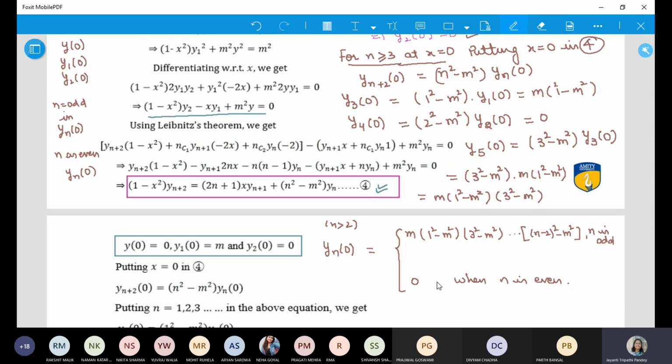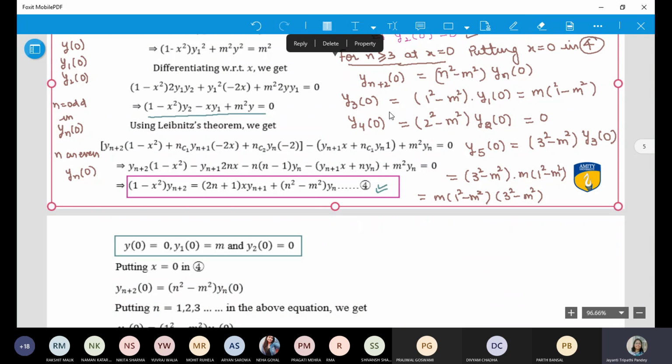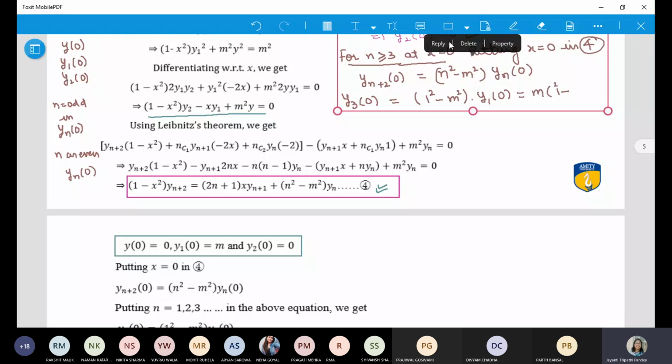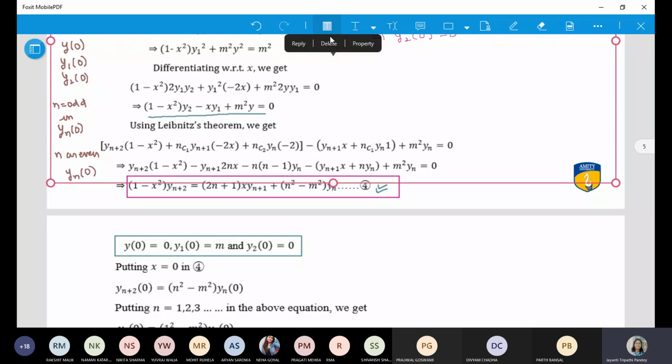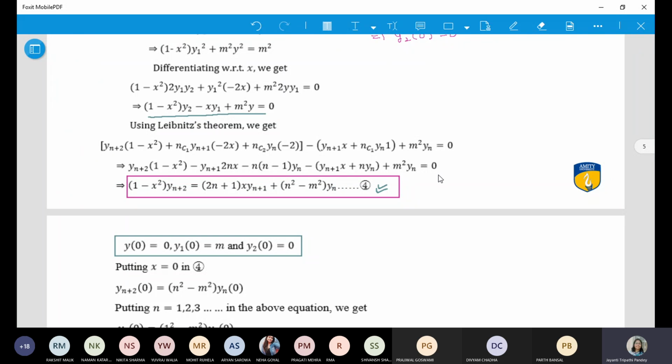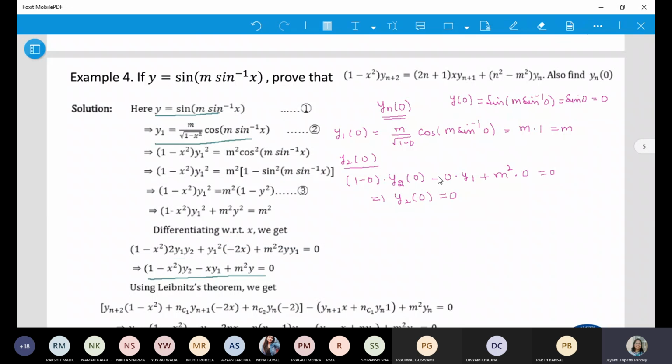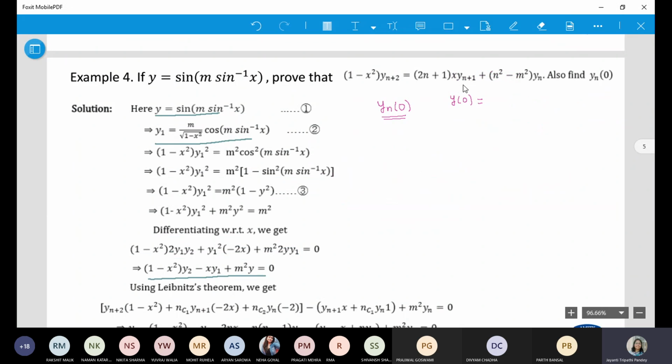Is it all right? Anything you have to ask in it, or should I take the next question? No question, that means let me finish it. These questions are asked for 8 marks minimum, so you should be very comfortable in solving them. They are not difficult. The only thing you need to remember is the sequencing.